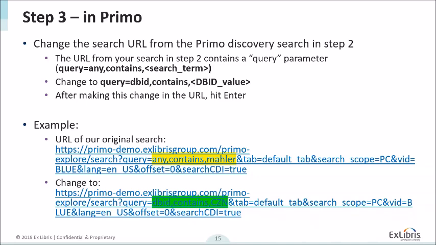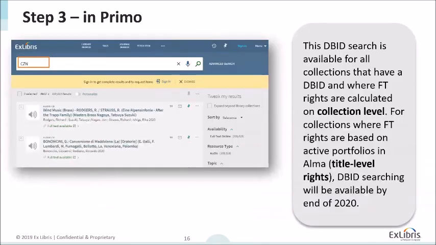If you have multiple DPIDs, any of them will be okay. Once you've made the change to the URL in your browser, you can execute it by pressing Enter, and then you will get records that are affiliated with this Alma electronic collection. So this is a way in which you can find records for a collection.